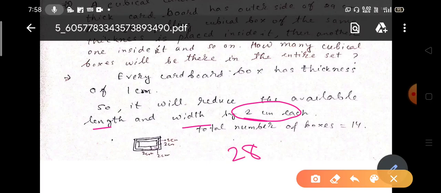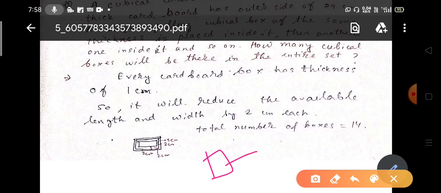So you have 28 plus the one box. You have to understand that this is the first box and you are taking 2 centimeter of length and breadth space to put another box, and you are again taking 2 centimeter of length and breadth for the next box.